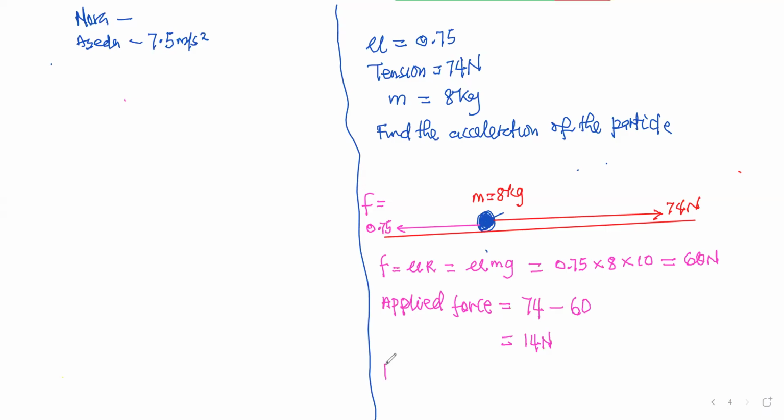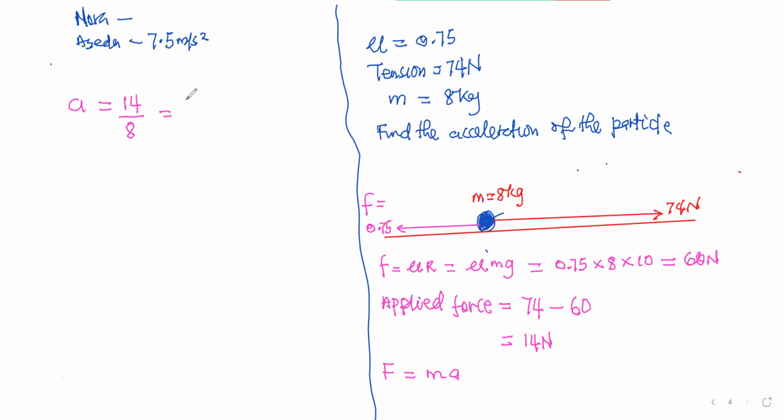So by Newton's second law, F is equal to ma. We are asked to find the acceleration. So the acceleration would be equal to the applied force, which is 14, divided by the mass, which is 8.